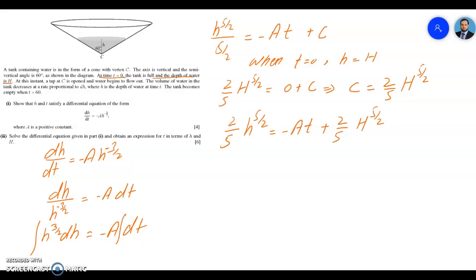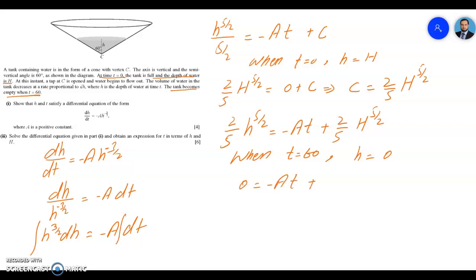Then we have another condition given: the tank becomes empty when t is equal to 60. So when t is 60, the height will become 0. Now when we use this condition, this part will be 0.